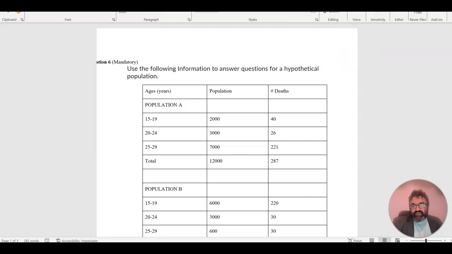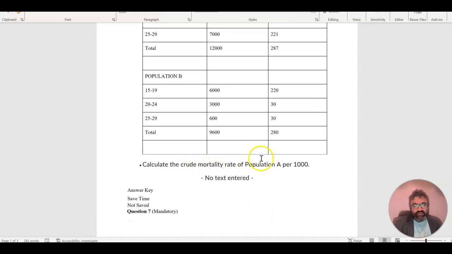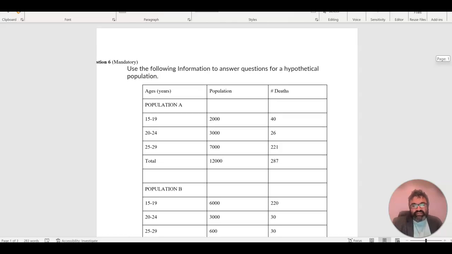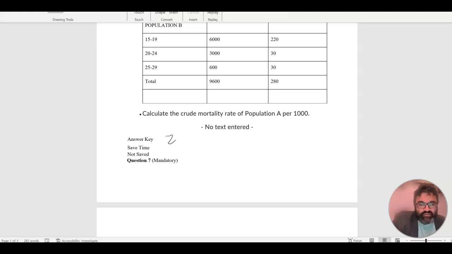First thing you want to figure out is the crude mortality rate of population A per 1,000. So you take the total number of deaths and divide that by 12,000. Let me write that down: 287 divided by 12,000.